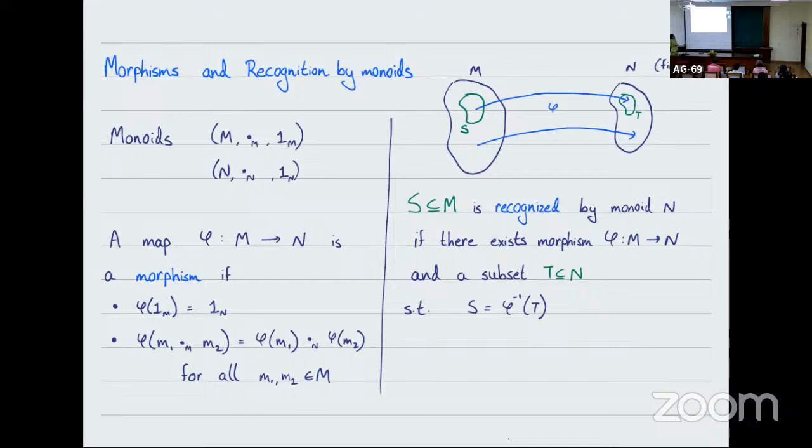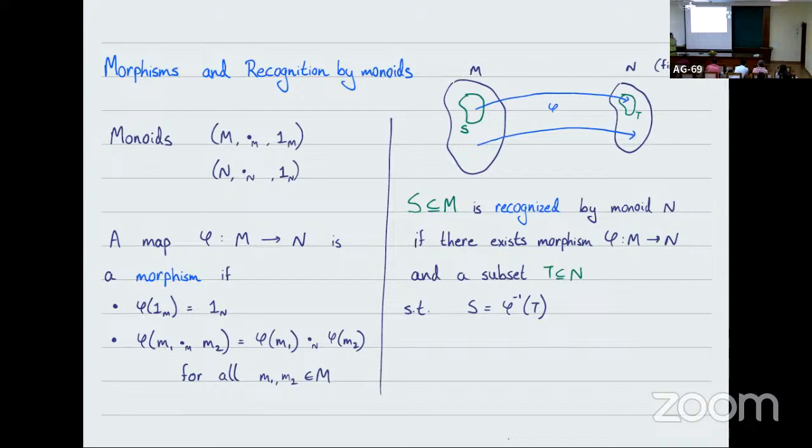S is recognized by N if there is a morphism phi from M to N and a subset T of N such that S is the inverse image of T. If you look at this map, it takes elements in S to elements in T. It takes elements outside S to elements outside T. If this is the case, then we say that S is recognized by this monoid N and this morphism phi.